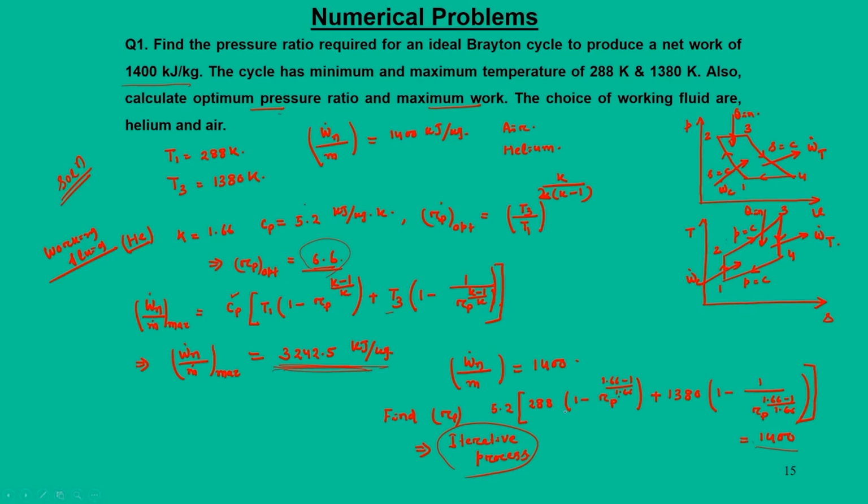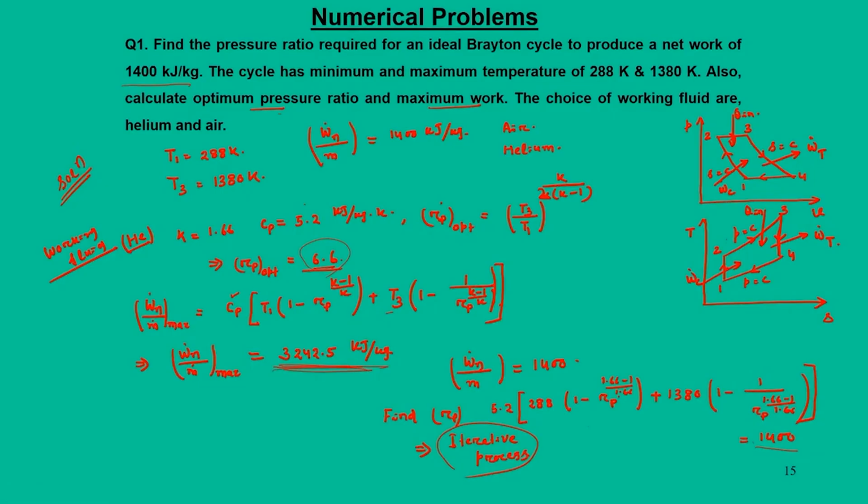So, if you try values lesser than 6.6 and check whether the left hand side expression matches the right hand side, that is 1400, then that will be your answer. By iterating, Rp will be approximately 2.2. So, the pressure ratio required for helium is 2.2.